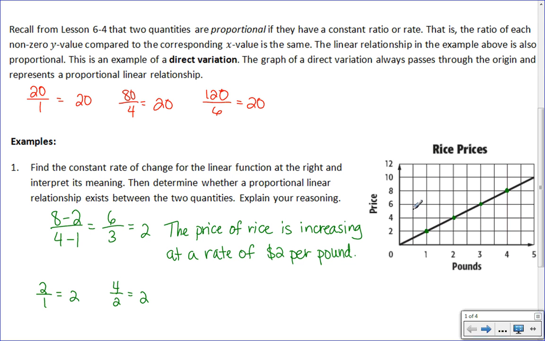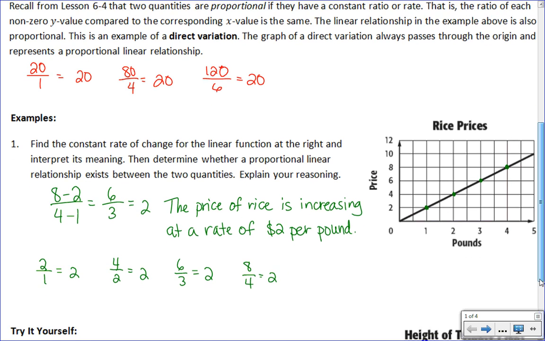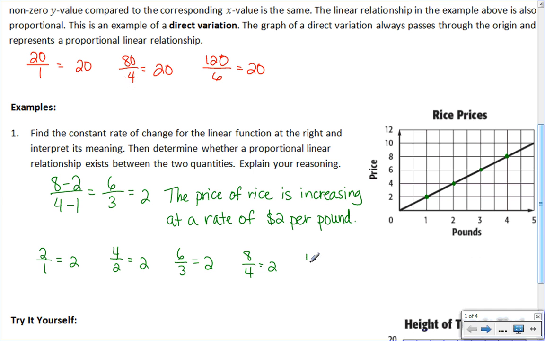3 pounds, the price is $6. 6 divided by 3 is 2. And at 4 pounds, the price is $8. 8 divided by 4 is also 2. So we would say yes. It says to determine whether a proportional linear relationship exists. We would say yes.